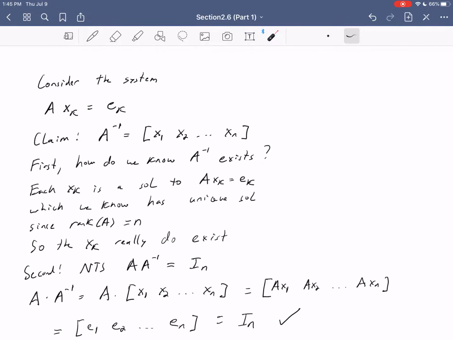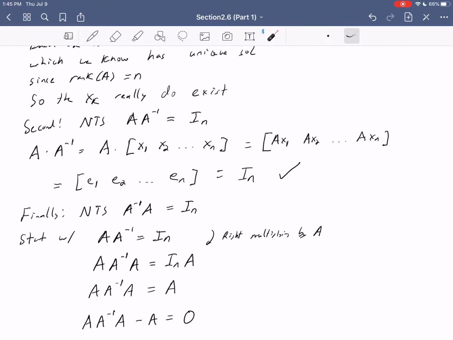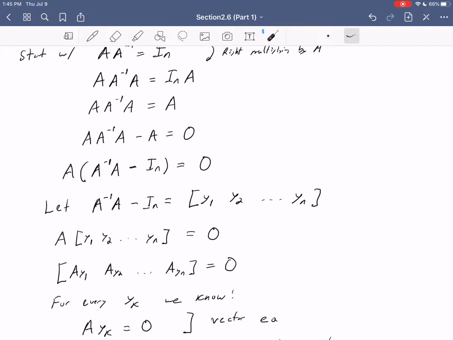If we look back, in this part, we showed 3 things. First, that this x1, x2, through xn really makes sense by using the rank of A equals n. Then we showed, by choosing the x1, x2, through xn in the way we did, A times A inverse is definitely the identity. And then we did a tremendous amount of work to show that A inverse A, the opposite direction, is also the identity.